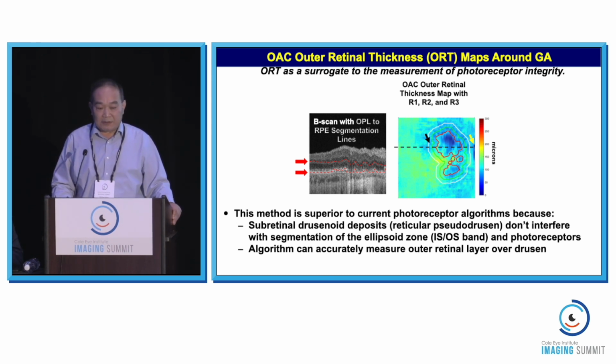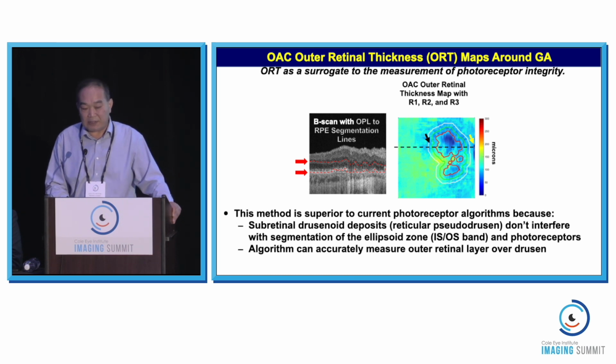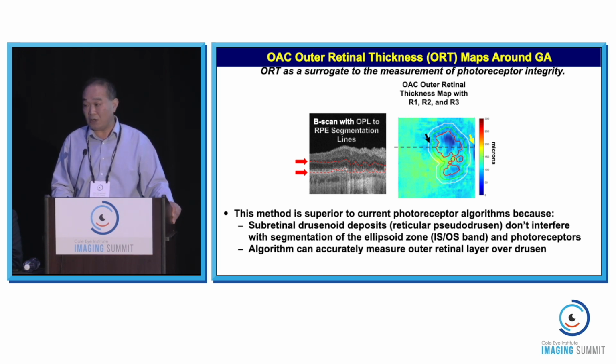And this method, of course, we believe is superior to the current photoreceptor algorithms because subretinal drusenoid deposit do not interfere with the segmentation of the ellipsoid and also the photoreceptors. And the algorithm can accurately measure the outer retinal layer over the drusen.